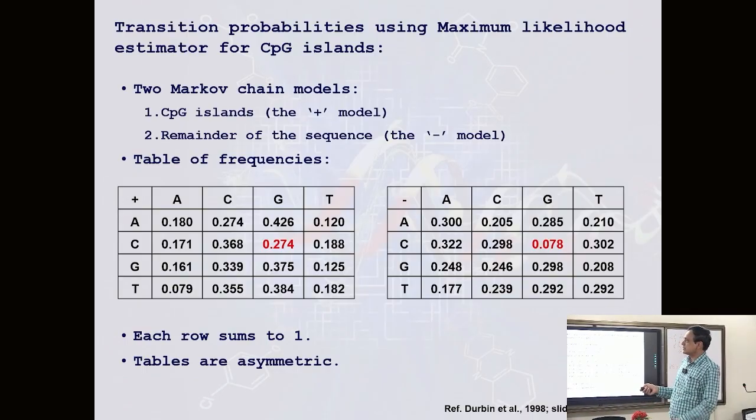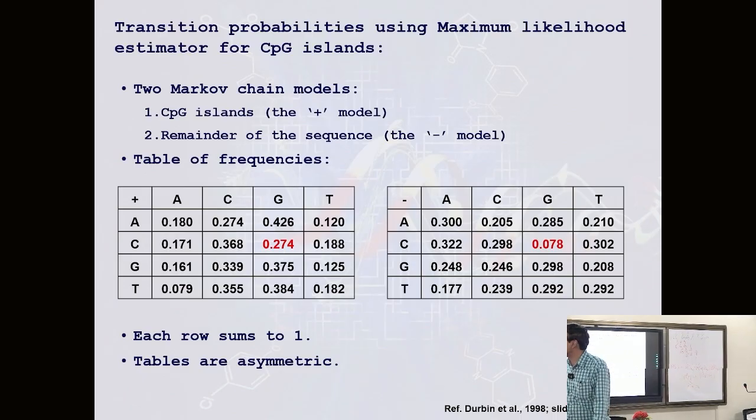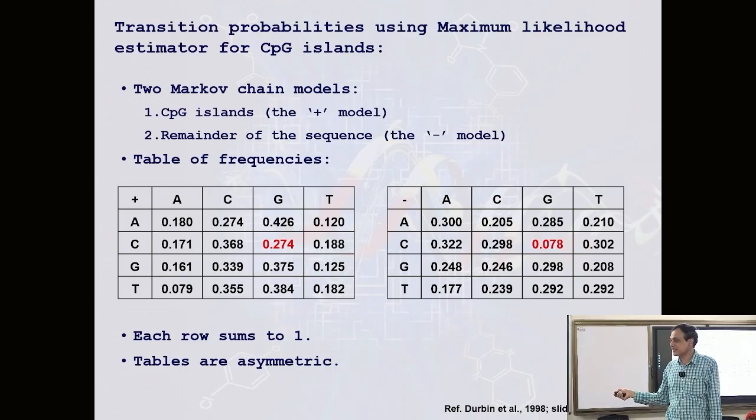So let's look at the probability of G following C. The probability of G given C, which is this one, is 0.274. So for the dinucleotide CG, the probability of G given C is 0.274 for the plus model, the CpG model.